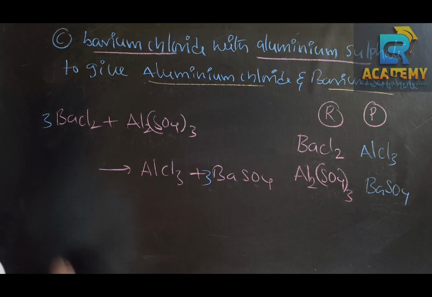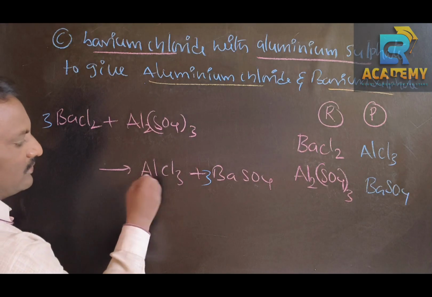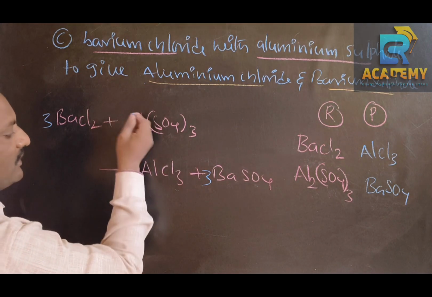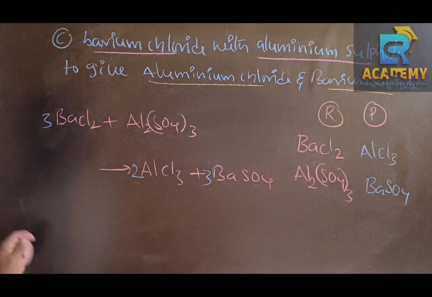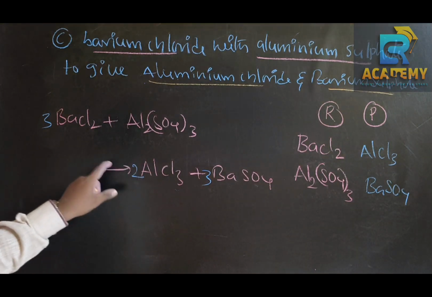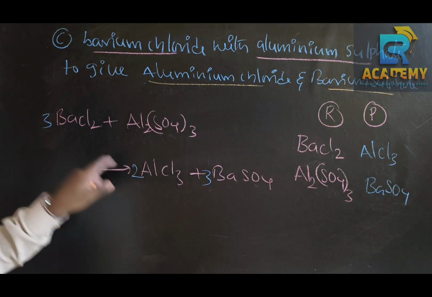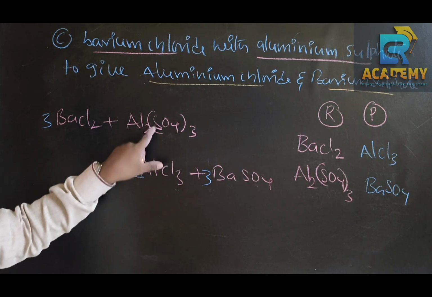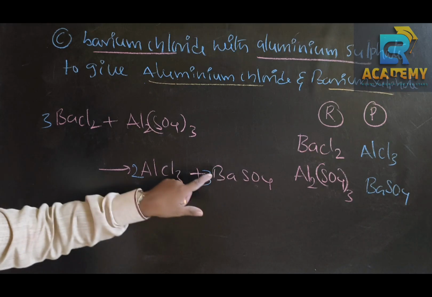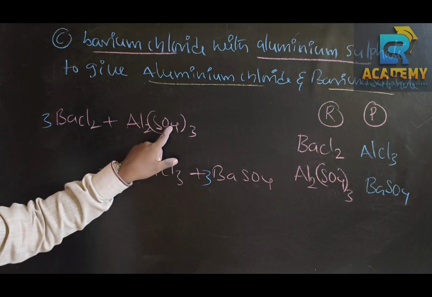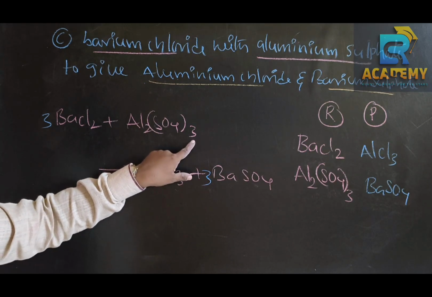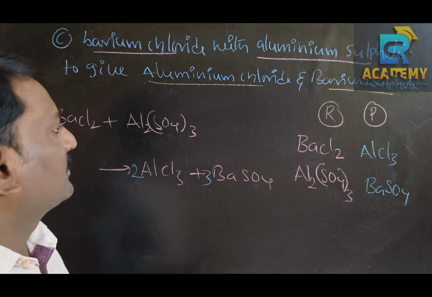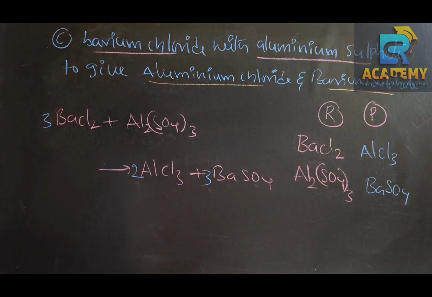Chlorine 3 into 2, 6. So these are multiplied by 2, and it's a balanced equation. Barium 3, chlorine 6, aluminum 2, sulfur 3, sulfur 3, oxygens 4 into 3, 12, oxygens 4 into 3, 12. It's a balanced chemical equation.